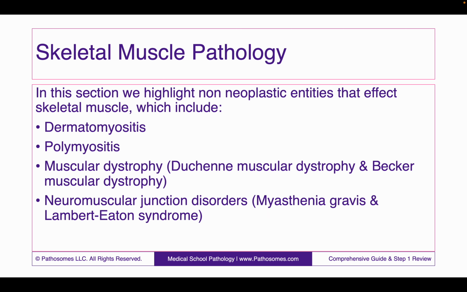In this section, we highlight non-neoplastic entities that affect skeletal muscle, which include important conditions that you must know, such as dermatomyositis, polymyositis, muscular dystrophy, both Duchenne and Becker, as well as neuromuscular junction disorders like Myasthenia Gravis and Lambert-Eaton Syndrome.